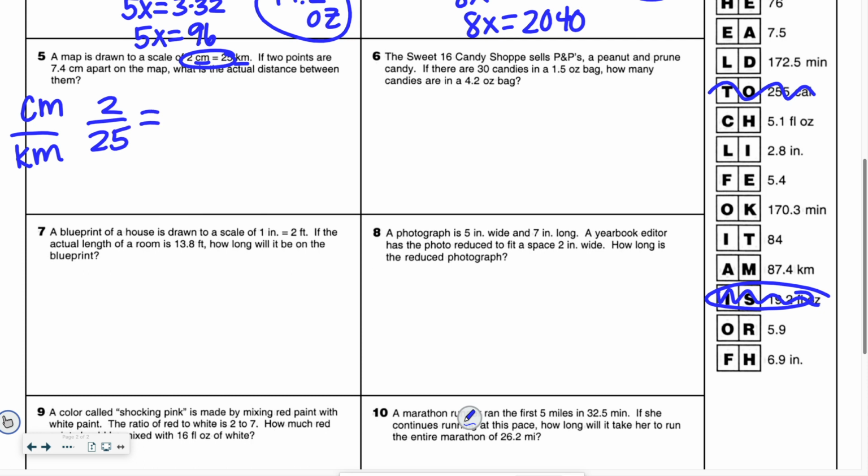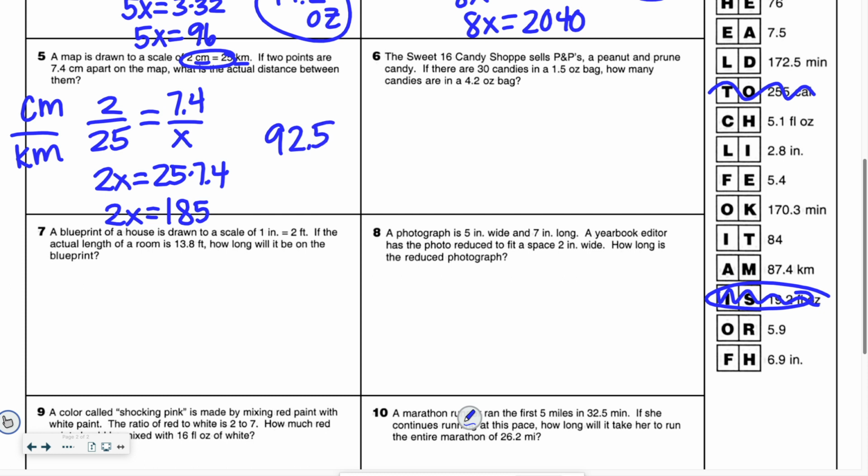And we want to figure out how far the actual distance is if they're 7.4 centimeters apart. So 7.4 is centimeters, so that's on top, over x. Cross multiply, 2 times x is 2x. 25 times 7.4, 2x equals 185. Divide by 2, get 92.5 kilometers.